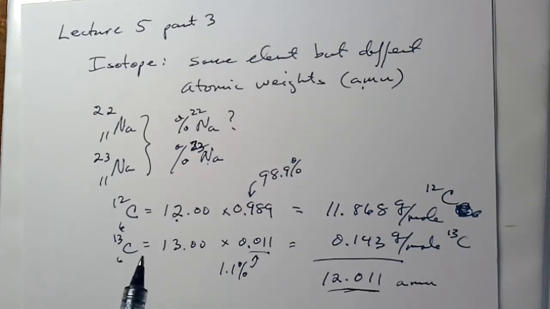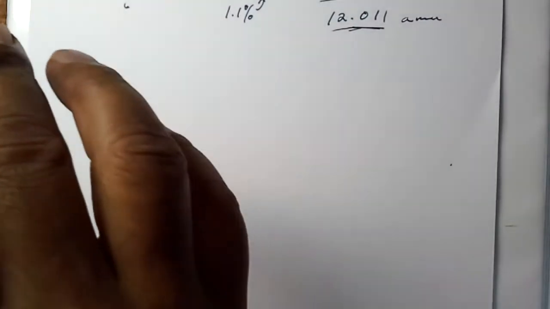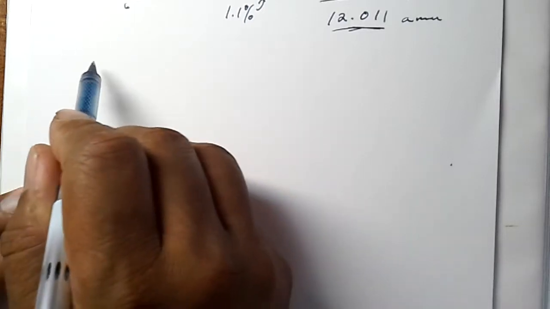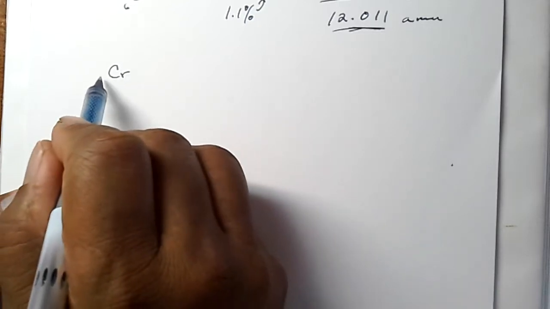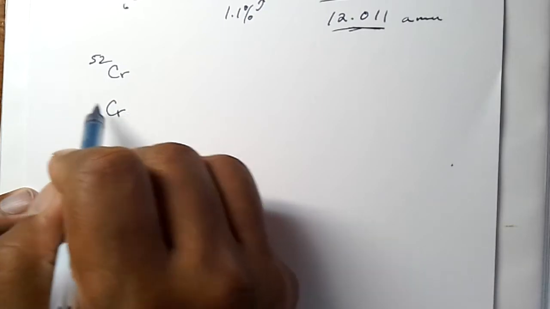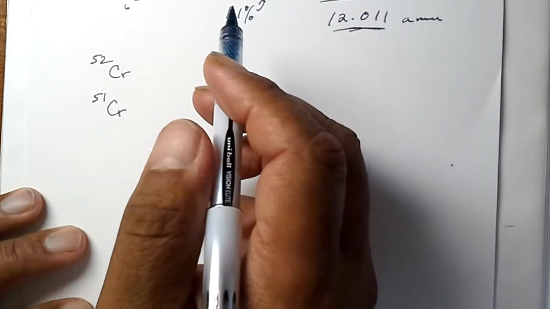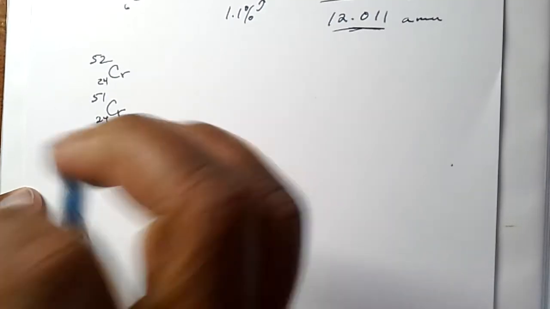Well, the problem that we had consisted of this. If we did not know, we had an isotope, let's say chromium 52 and chromium 51. Okay, atomic number is 24 for each.